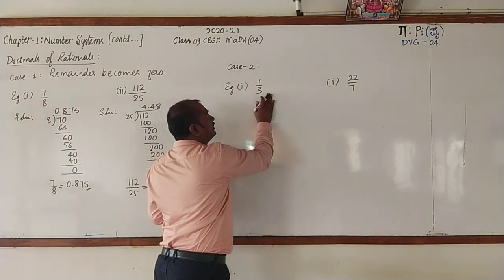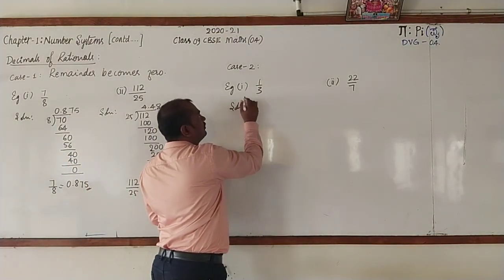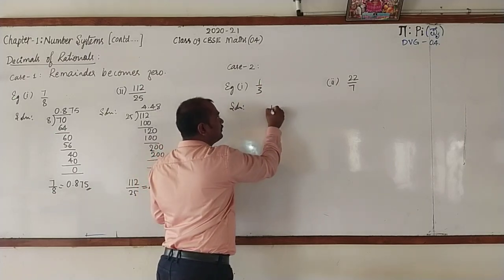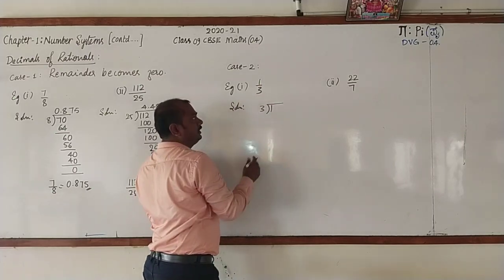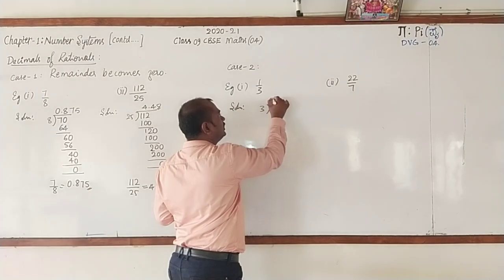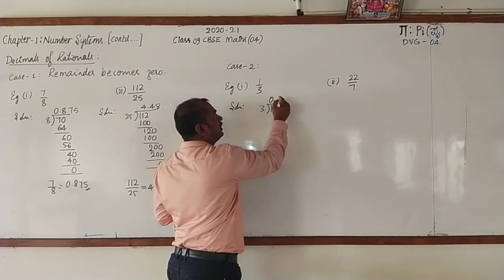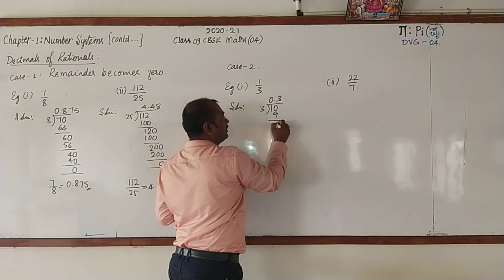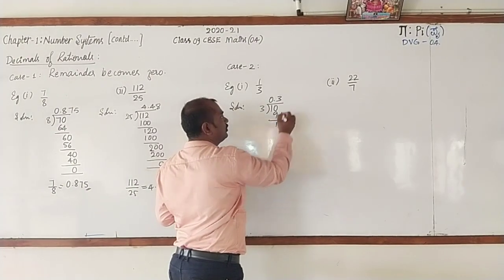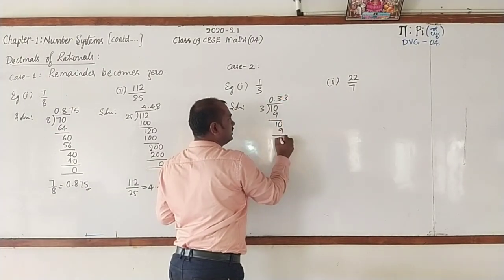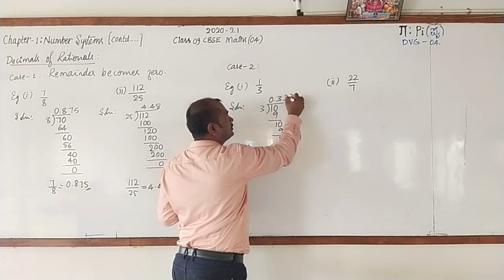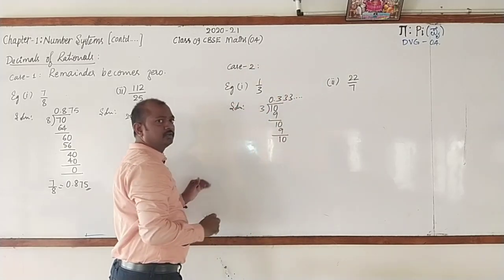Look here. Here also I have taken the example 1 by 3. Let us go for dividing 1 by 3. 1 is not divisible by 3. Put decimal, take 0. It becomes 10. Now 3 threes are 9. Difference is 1. Take 0. Again 3 threes are 9. Then 1. Take 0. 3, 3, 3, 3 and it continues.